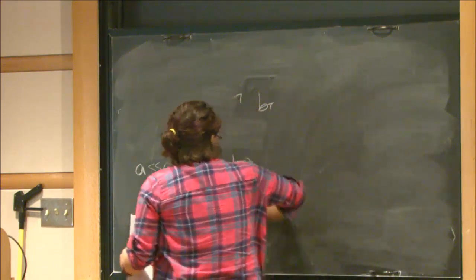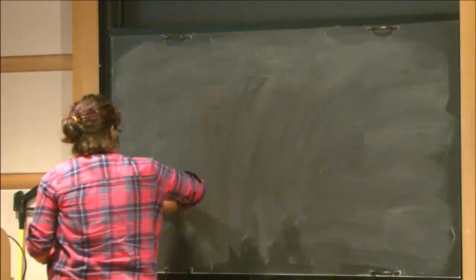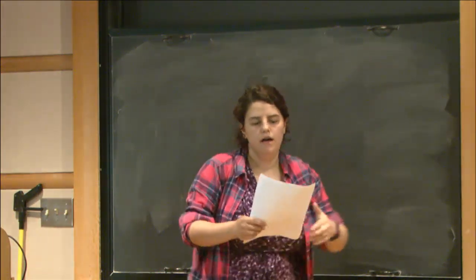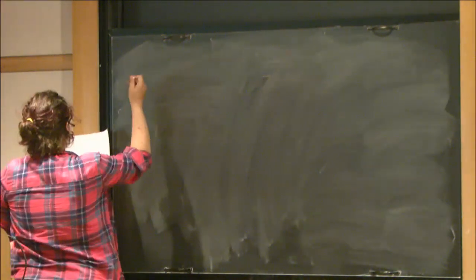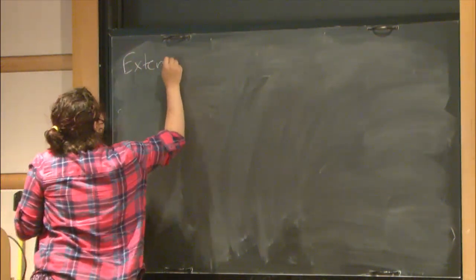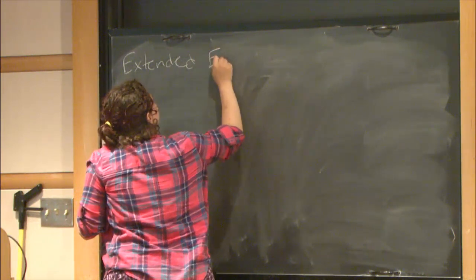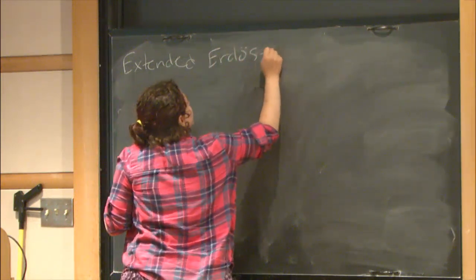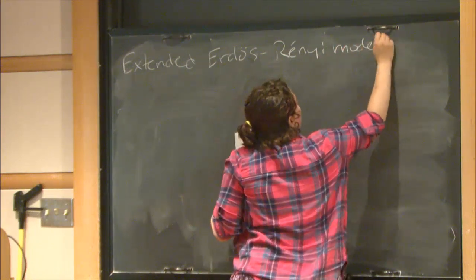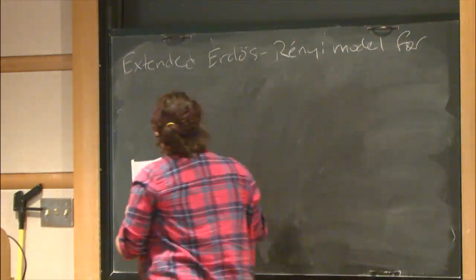So for the random edge-labeled graphs, basically, it's just an extension of the Erdős-Rényi model. I'll call this the extended Erdős-Rényi model for edge-labeled graphs.